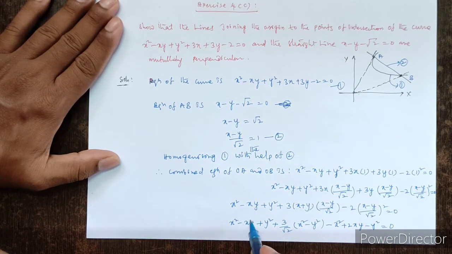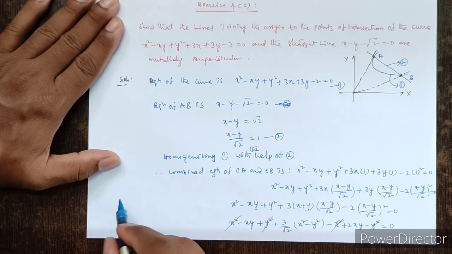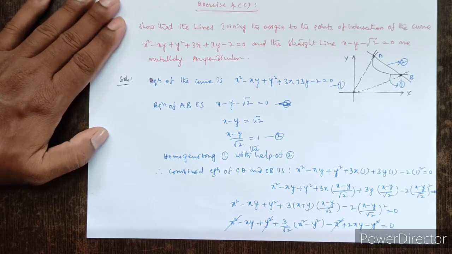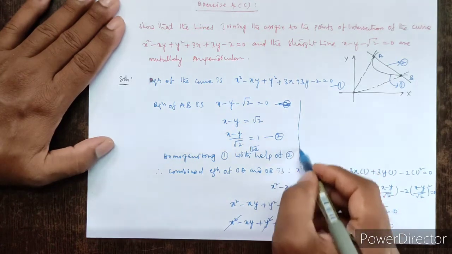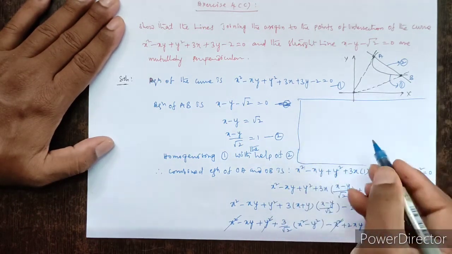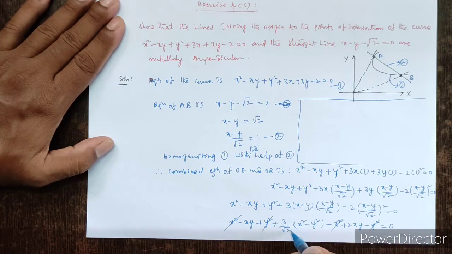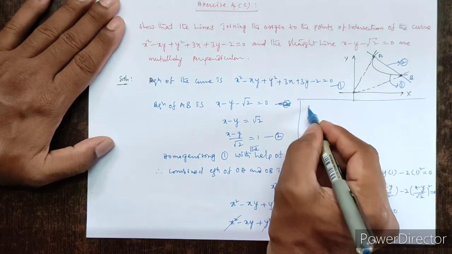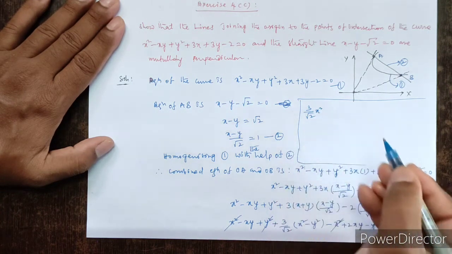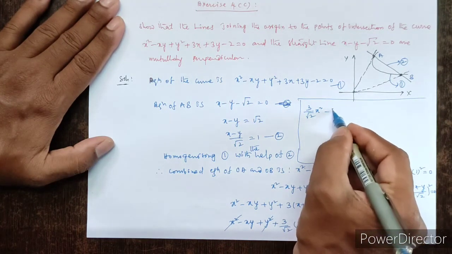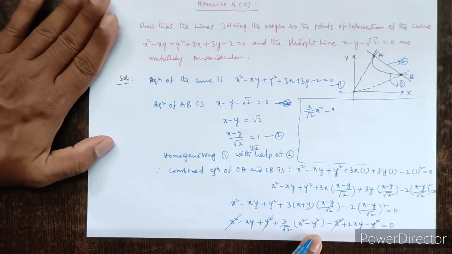So x square gets cancelled, and y square gets cancelled, minus y plus y. The remaining equation is 3 by root 2 x square minus 3 by root 2 y square.